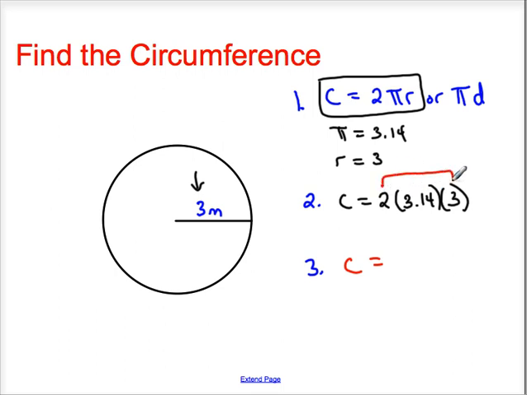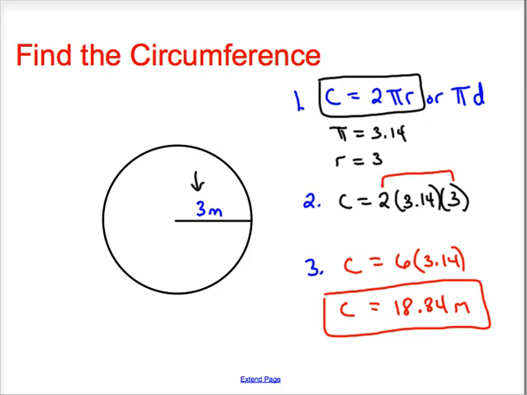In this case, I'm going to multiply 2 times 3 first, and then I'm going to get 6 times 3.14. If you simply calculate that, you should get an answer of 18.84. And in this case, it's not area, it's circumference, so it's just meters.